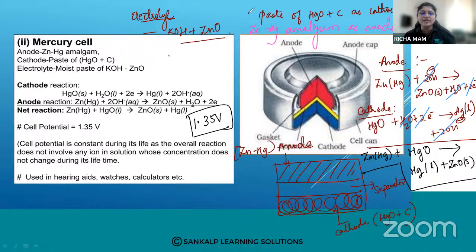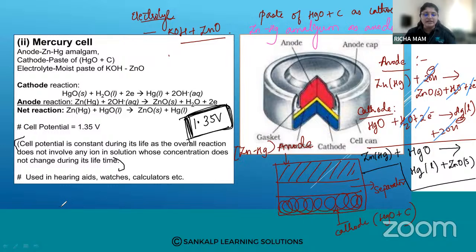The cell potential is constant during its life as the overall cell reaction does not involve any ion in solution whose concentration changes during its lifetime.